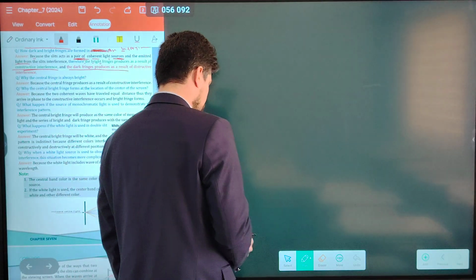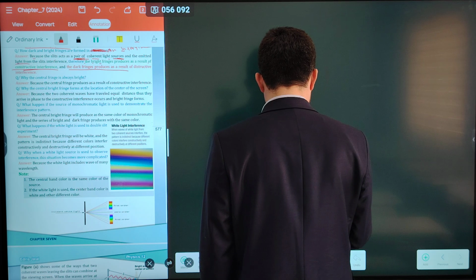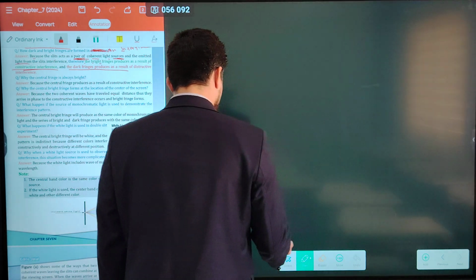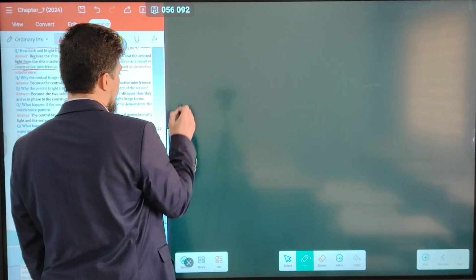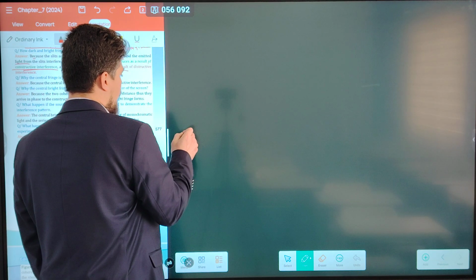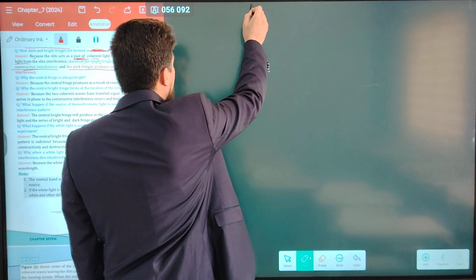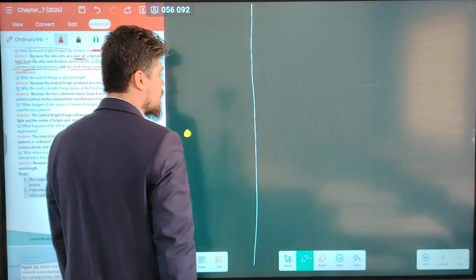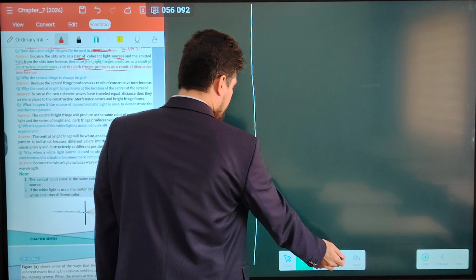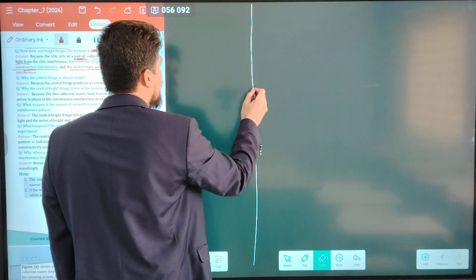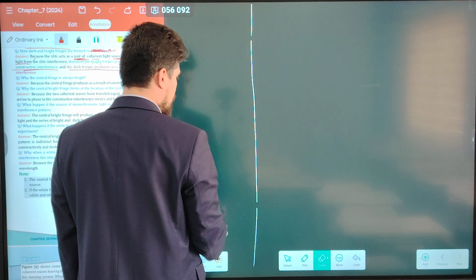Guys, look. Now I'm going to do the same thing. I'm drawing how the dark and bright fringes are produced. Assume that this is the source, and this is a barrier located in front of the source, and we have two small slits here and here.